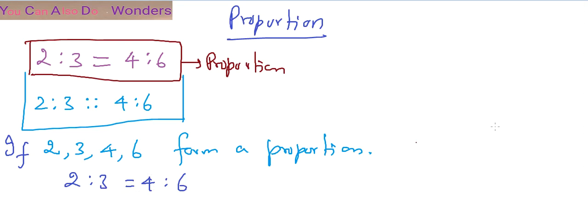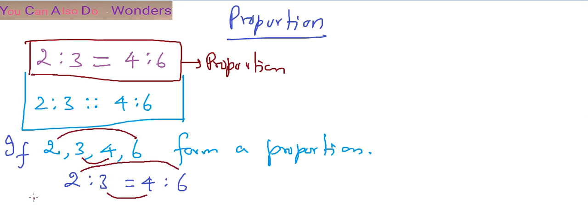And also we say, these are the two middle terms here. Correct, these two. They are called means. These are called end terms.